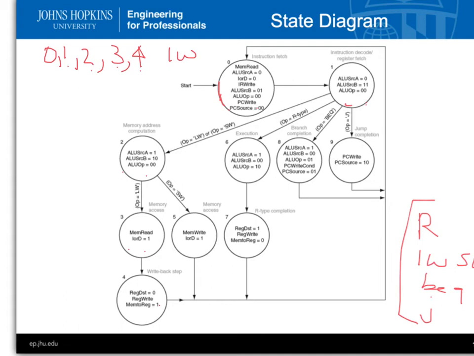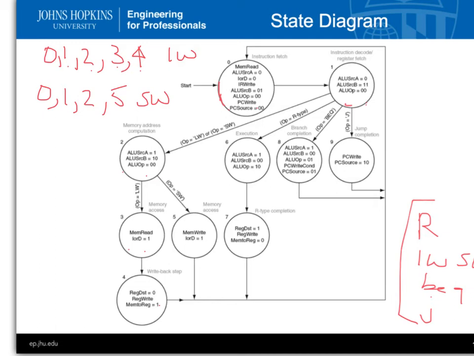Each of these steps is going to be a run through the data path. A store word is going to go through states 0, 1, 2, and 5. Each state has its own set of control signals and goes through the data path.